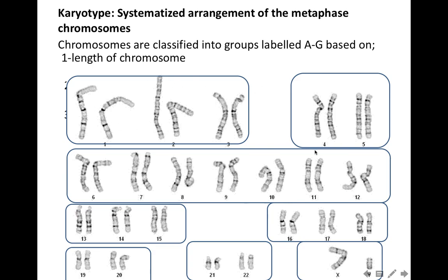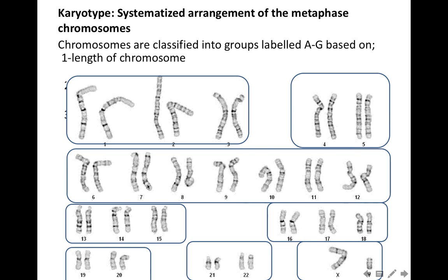The second group, 4 and 5, are also long chromosomes, but the centromere is shifted more to the P arm, and so you have a short P arm in comparison to the much longer long arm, so they are sub-metacentric long chromosomes.